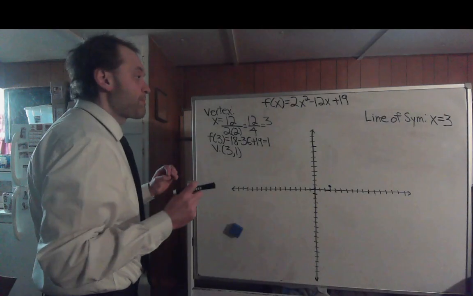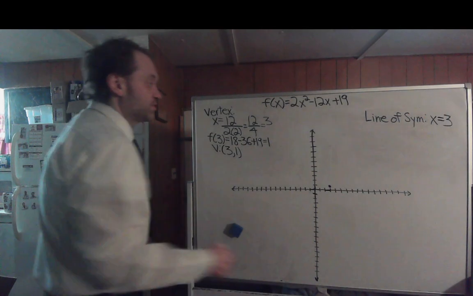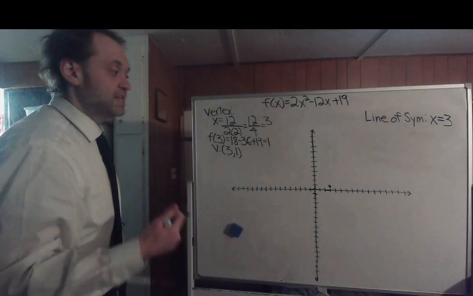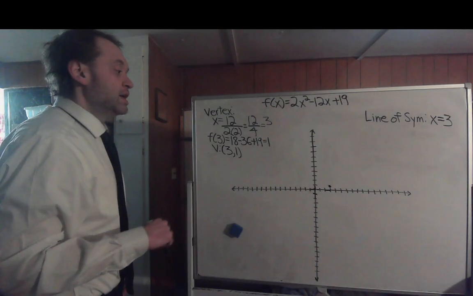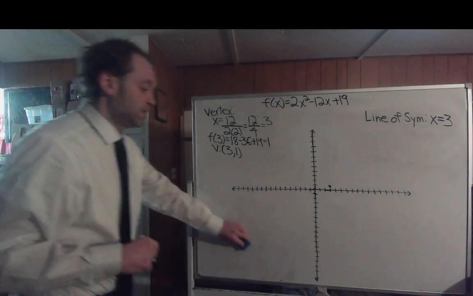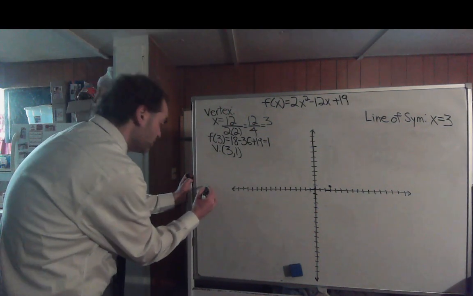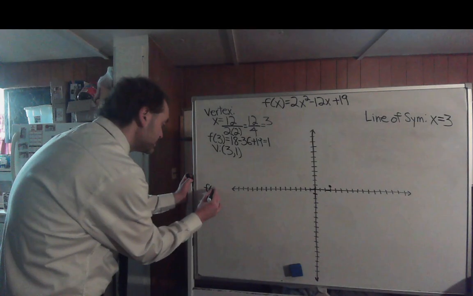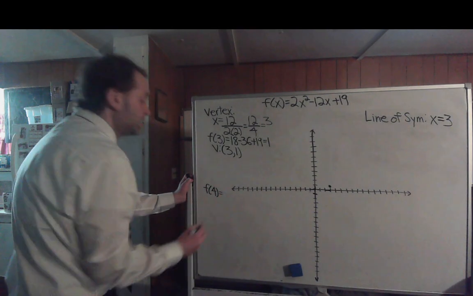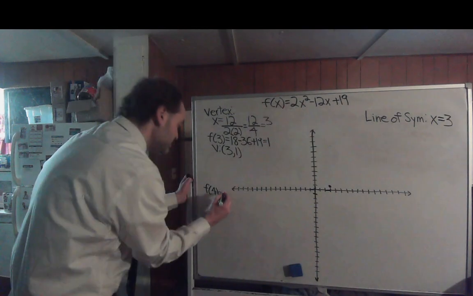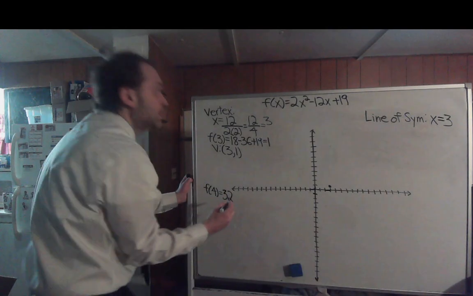Now, we've established the vertex is at 3, 1. It's going to open upward. Line of symmetry is at x equals 3. Let's find 2 more points on each side of the line of symmetry. So let's start with f of 4. We'll make x equal to 4. So 4 to the second is 16 times 2 is 32.